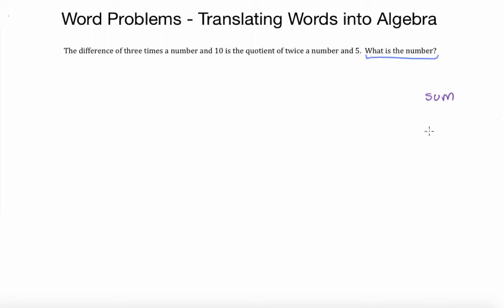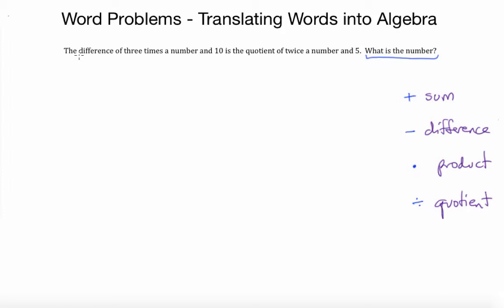We like to keep our eyes out for the words sum, difference, product, and quotient. Because those all have meaning: sum is adding, difference is subtraction, product is multiplication, and quotient is division. So if I'm translating words into symbols, then I need to look for those key words.